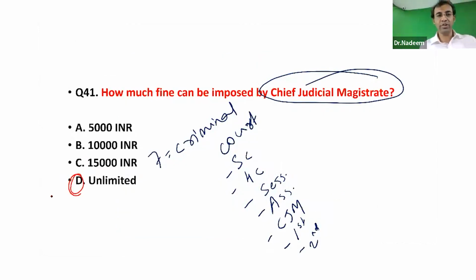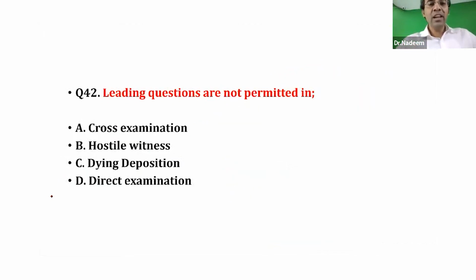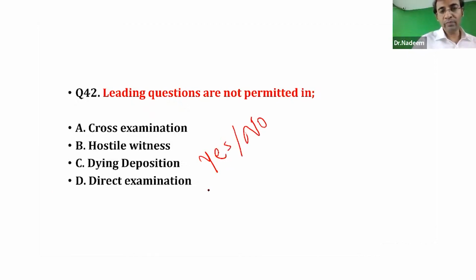Chief Judicial Magistrate. Next, leading questions are not permitted in which? What is the meaning of leading questions? The answer should be only yes or no. If the advocate is asking, did you see that murder?